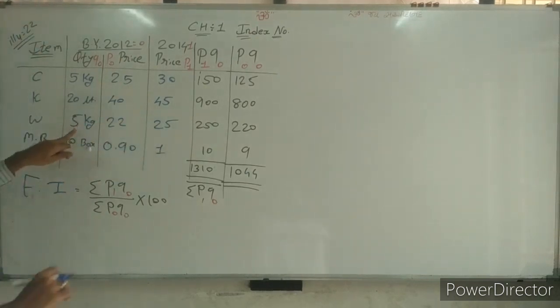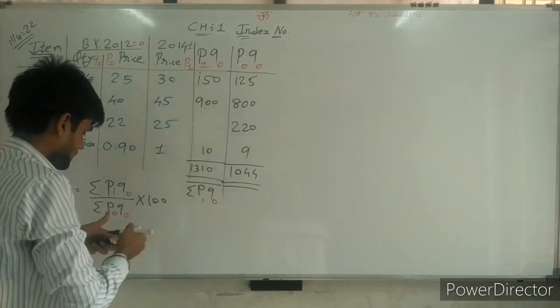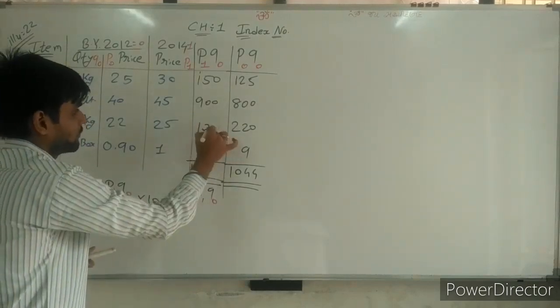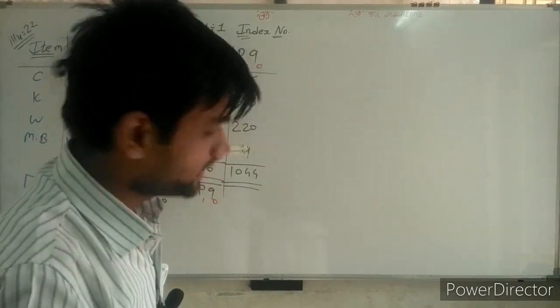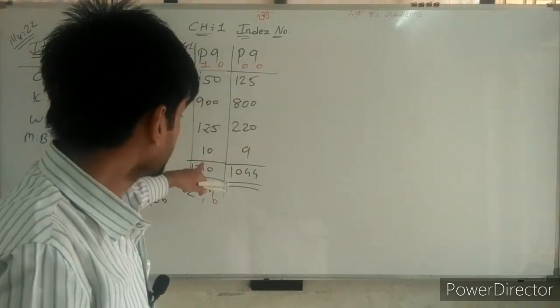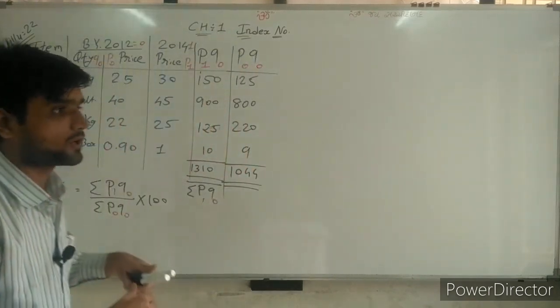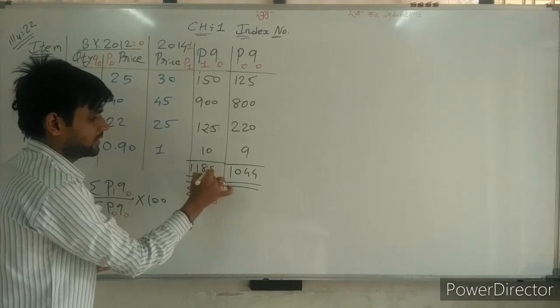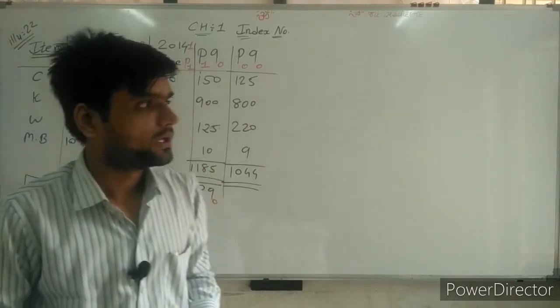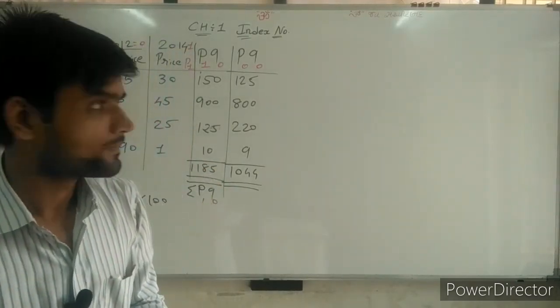So 25 into 5. Here 125. And if we are making total of this, 150, 900, 125, 10, the total of this is 1185. So 1185 is my real information.